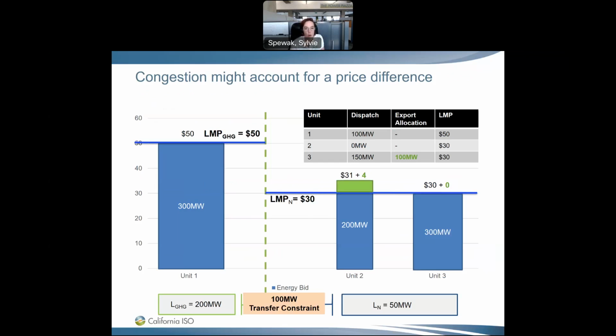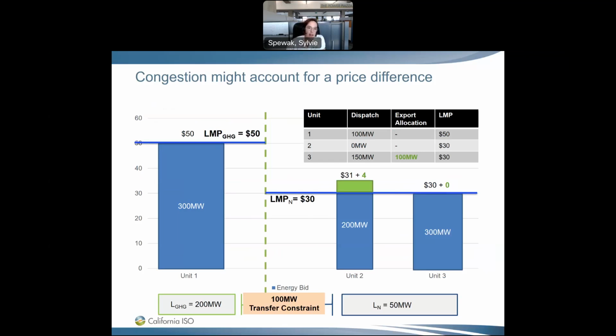That means we can only dispatch up 150 megawatts total from Unit 3. So 50 megawatts of Unit 3 will be used to serve load in the non-GHG area. 100 megawatts of Unit 3 will be used as the GHG export allocation. But then we have to take 100 megawatts of Unit 1 in order to serve the rest of the load in the GHG area.